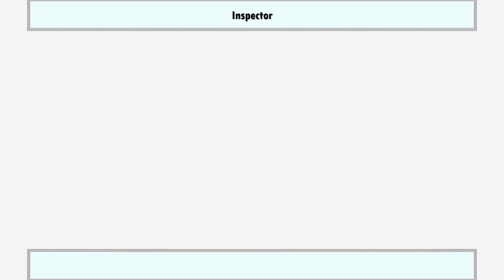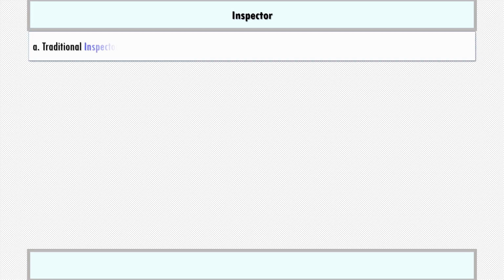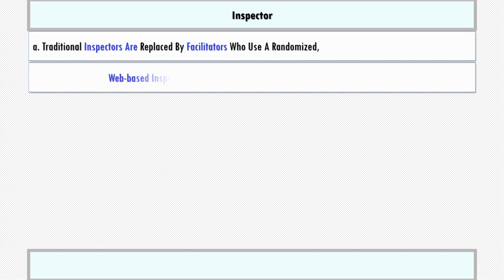The code envisages a paradigm shift in the role and importance of inspector. The traditional inspectors are sought to be replaced by facilitators who use a randomized web-based inspection system to provide guidance before initiating enforcement.